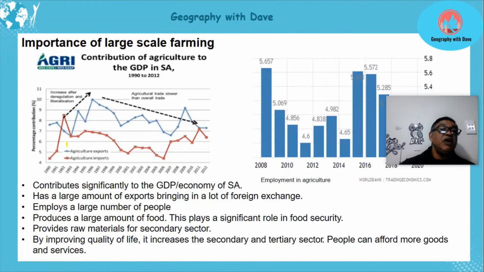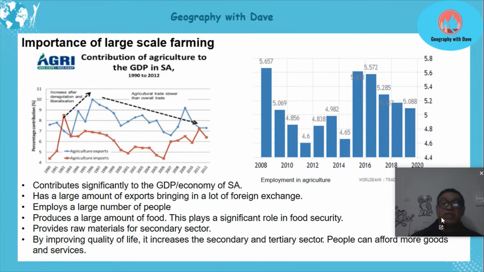I know I'm going to repeat some of the stuff here, and I'm going to move my head a bit. Okay. So, importance of large scale farming. It contributes significantly to the GDP of South Africa. Lots of money being made, lots of goods being produced. In terms of the goods, and as I told you, it encourages services, etc. that comes in.